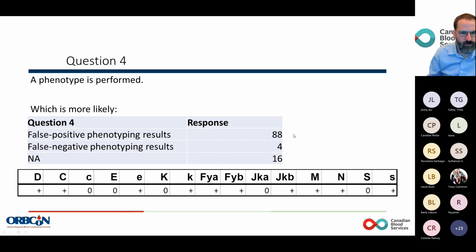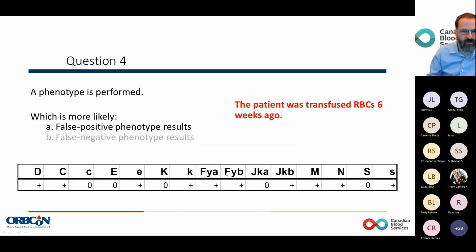And I think most people got this right, which is that false positive results are going to be more likely to be present than false negative results. And this gets back to the fact that the patient was transfused previously. So any antigens that are expressed on the transfused cells that were not expressed by the patient would be considered false positive results.